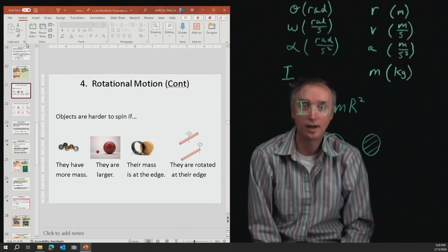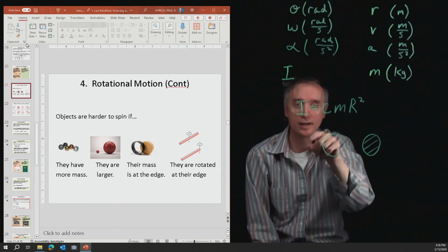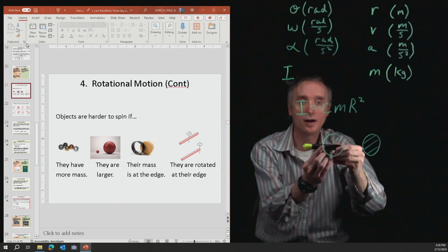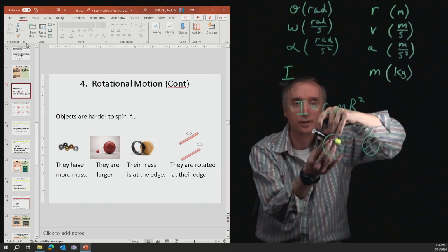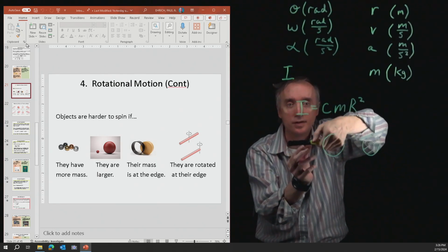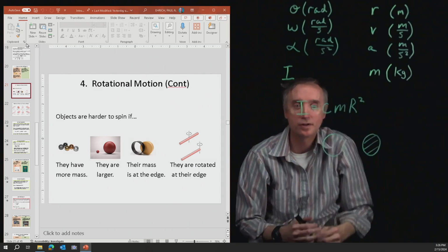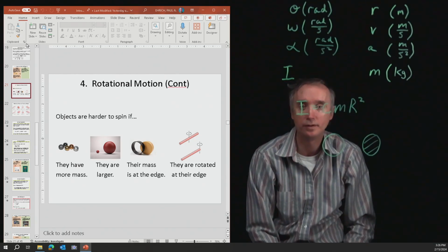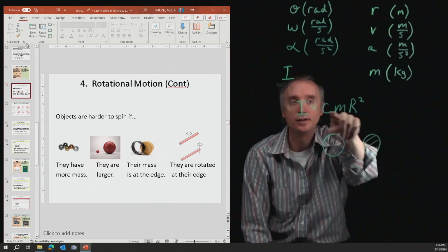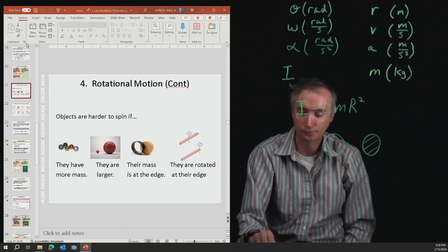So they're going to have different moments of inertia. And then the last picture shows an object that's being spun like this versus an object that's being spun like this. So it depends on how you spin it. And all of that stuff is inside of this formula.